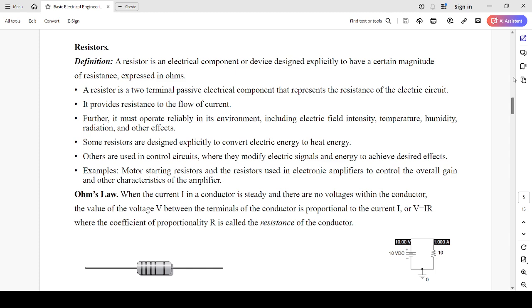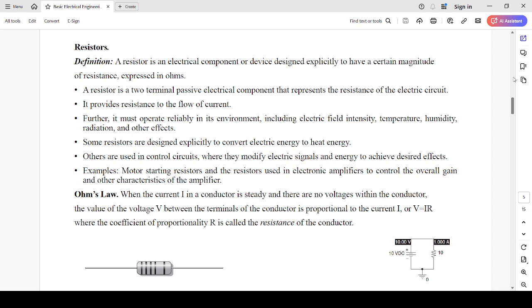What is a resistor? A resistor is an electrical component designed explicitly to have a certain magnitude of resistance. Its unit is ohms. So you can see it is a two-terminal passive electrical component that represents the resistance of the electrical circuit. Its function is to provide the opposing force to the flow of electric current.